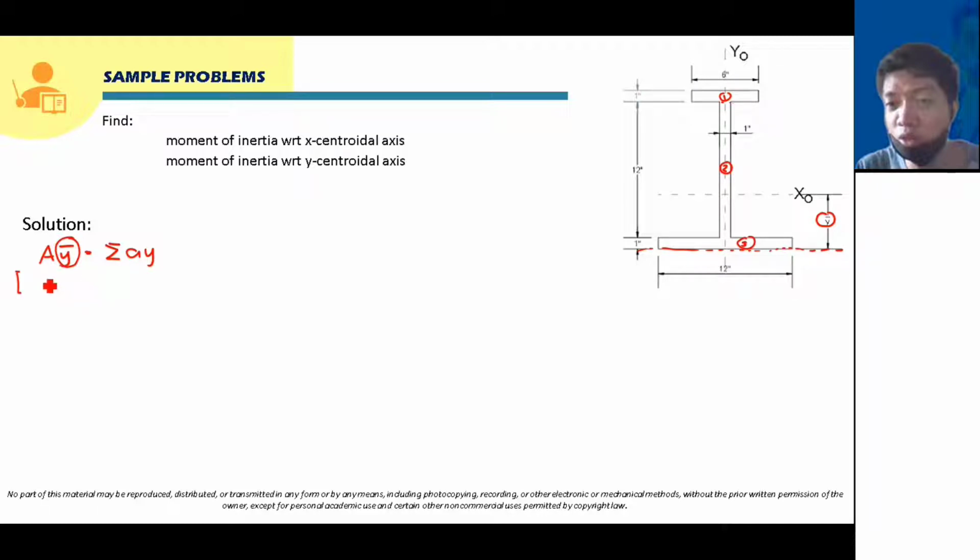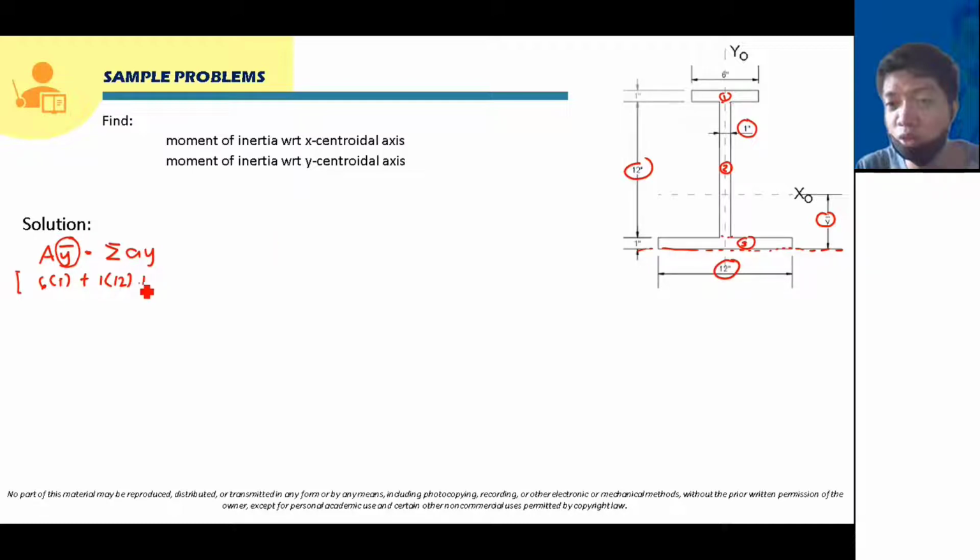And then for area 2, this will just be base times height also. Its base is 1 inch and its height is 12 inch. So this will be plus base times height. And lastly, for the third area, its base is 12 and its height is 1.